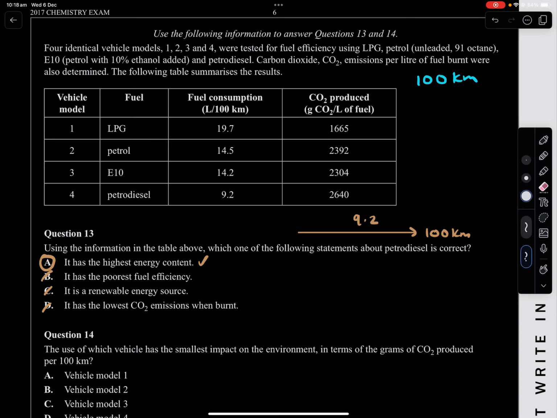So 19.7 times 1665 gives approximately 3,800 grams. We'll do the same for the others, multiplying this with that. We'll find out which one has the least CO2 emission. So 14.5 times 2392 is 34684 grams.